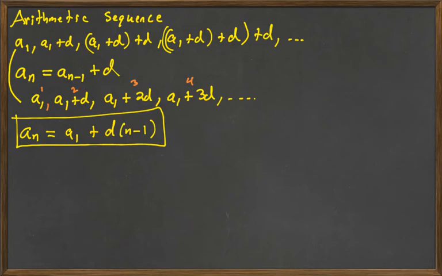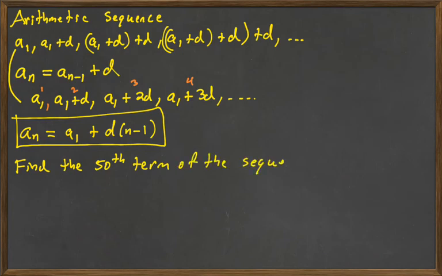Now, with that, all I need to know is the first term and the common difference, and then we can find the 50th or the 100th term, piece of cake. So let's do an example where we're going to find the 50th term of the sequence 1, 3, 5, 7, 9, etc. This is an arithmetic sequence.